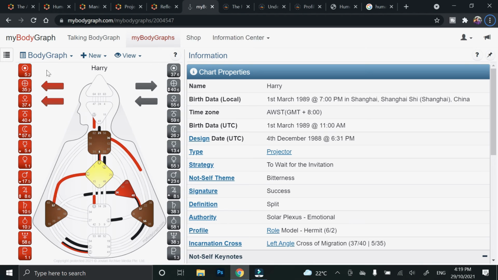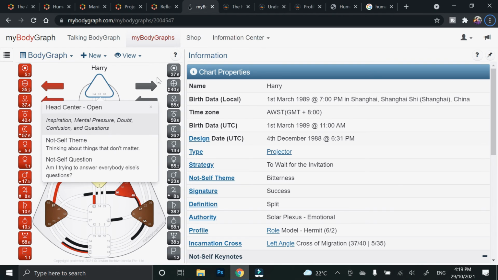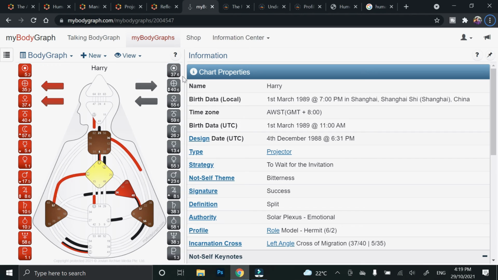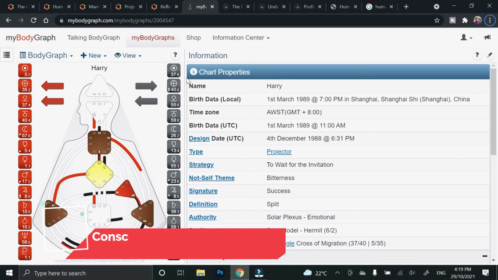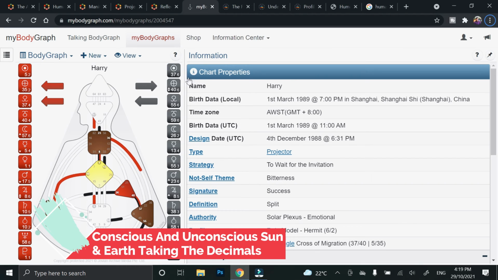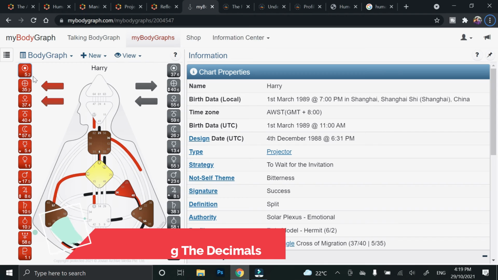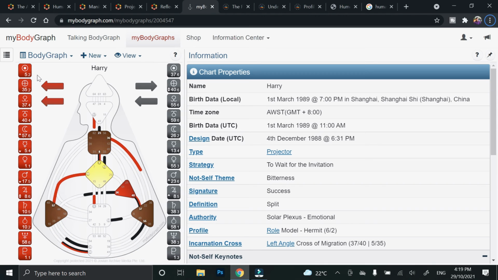Looking back at this chart, you take the decimal number on the right side, from your conscious personality side, then you take the decimal number on the left, and you put them together. That's where you get the profile number.